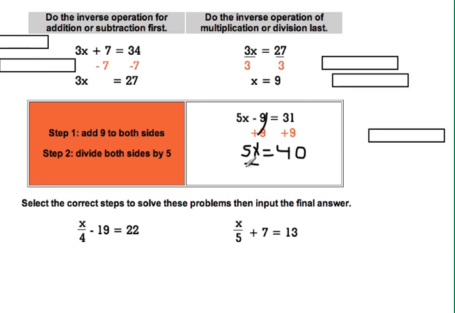So divide the left-hand side by 5 to get rid of that 5, and divide the right-hand side by 5 to make sure it's balanced. 5x divided by 5 is x. 40 divided by 5 is 8. Check it. 5 times 8 is 40. 40 minus 9 is 31. x does equal 8. Try doing the next two on your own.